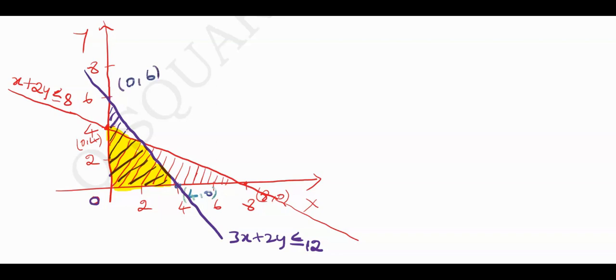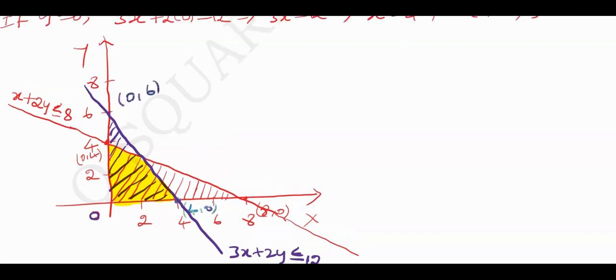This common region is called common region or feasible region for the given constraints. Now we have to find this point. For that we will solve these 2 equations because these 2 lines are intersecting at this point.